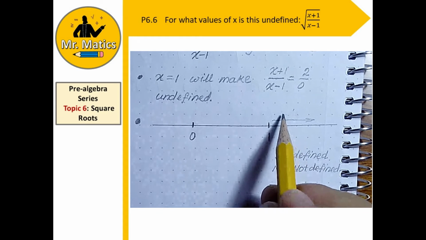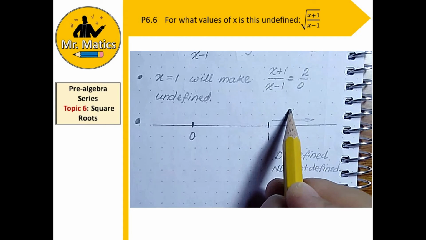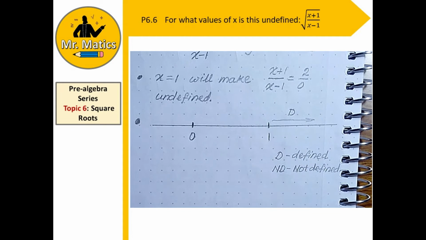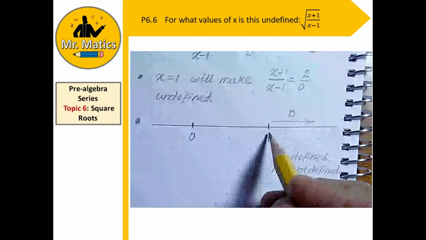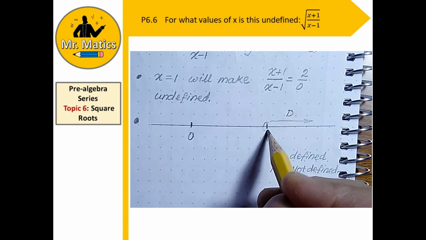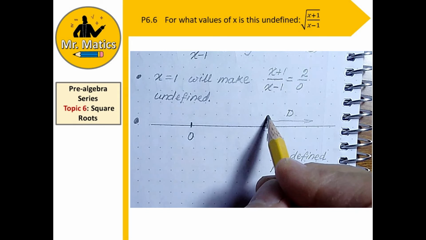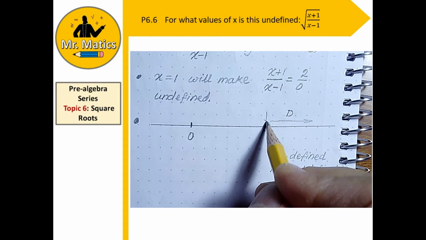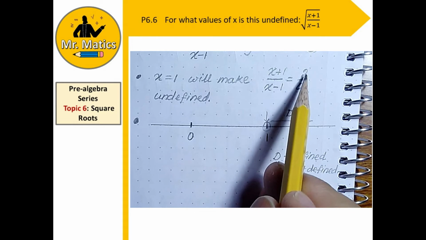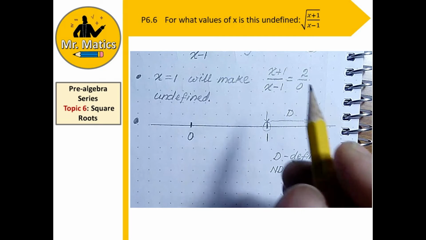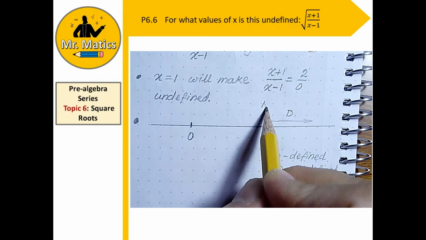So this part is definitely defined, like we just mentioned. At this particular point, we just showed that the ratio will become 2 over 0, which becomes not defined.